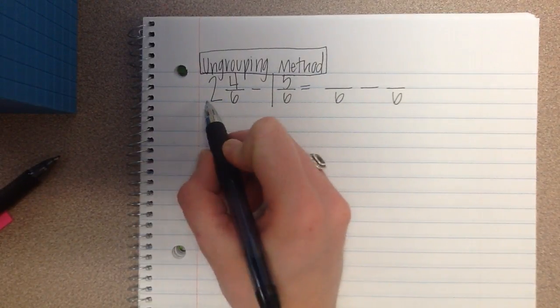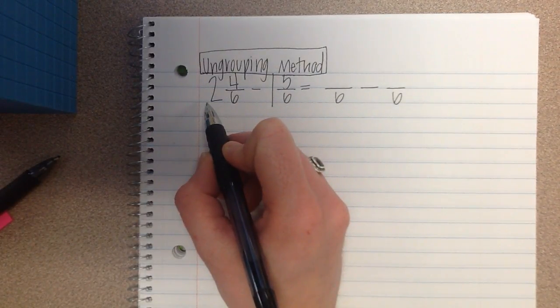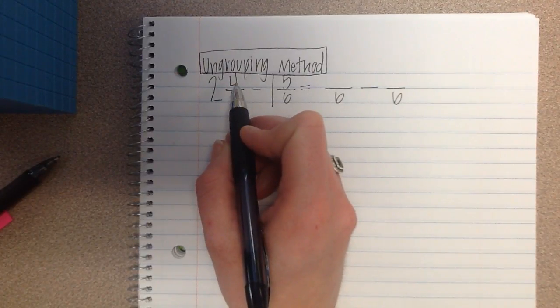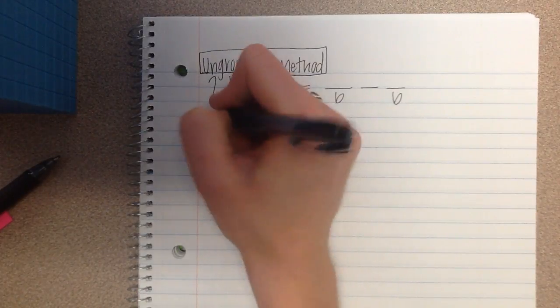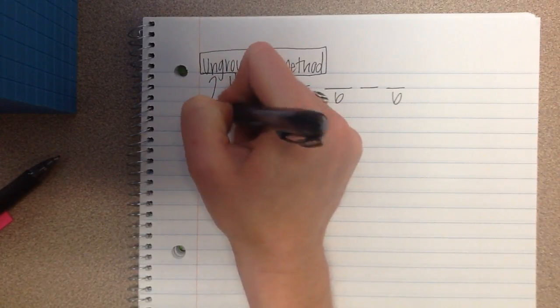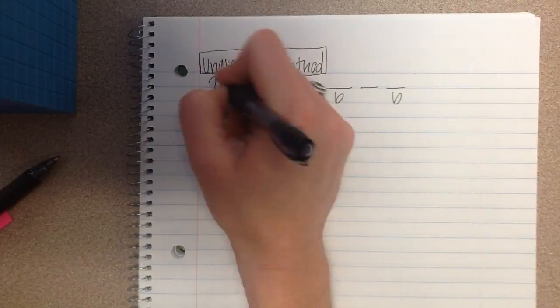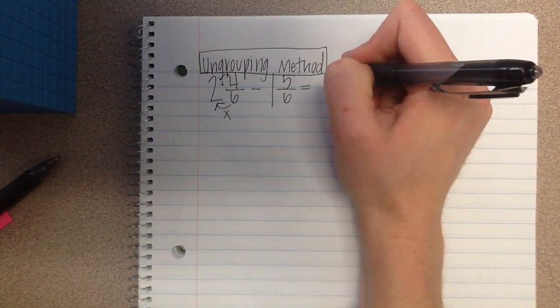So 6 times 2 equals 12, plus 4, so we're going to do times, and this is plus, so that's going to equal 16.